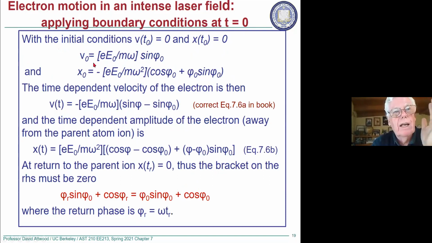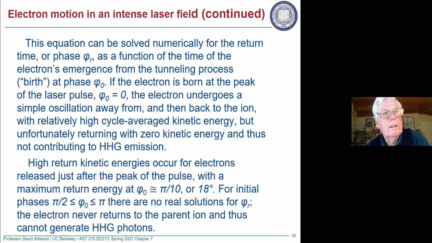And we're going to find the velocity and the amplitude. How far does it go before it returns, okay? And we're going to get these equations for the velocity. And the big thing is we're going to apply initial conditions.